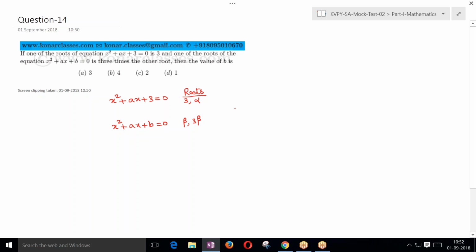So now by means of the relationship between the roots and coefficients, from this one, what we can conclude? We can conclude that 3 plus alpha is equal to minus a, and 3 into alpha is equal to 3.